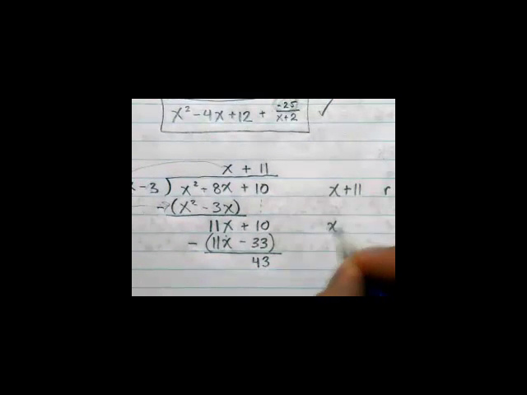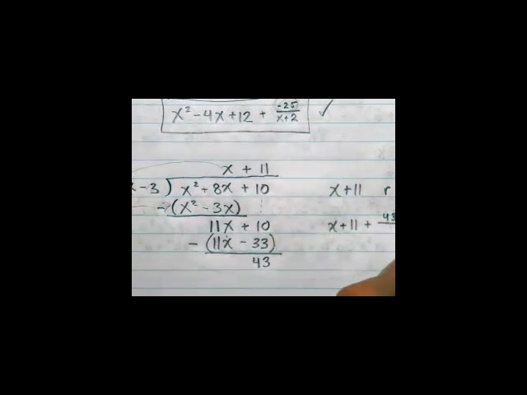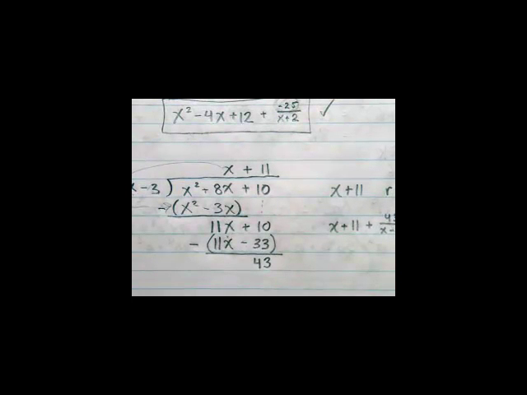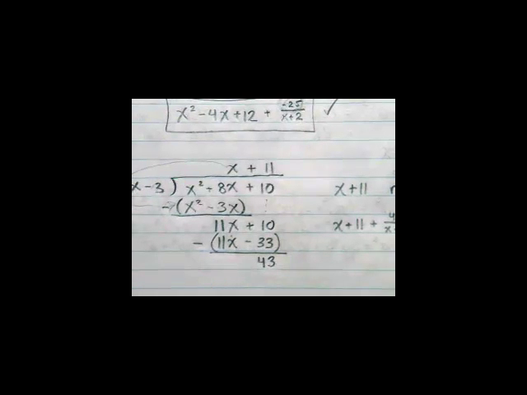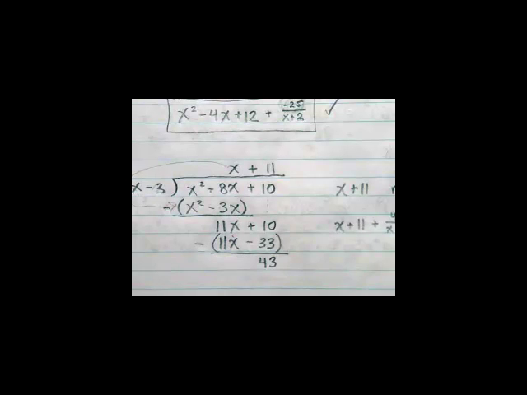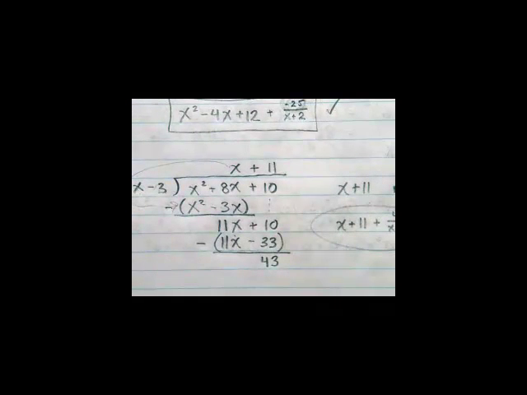Or you can do x plus 11 plus 43 over x minus 3. The book's going to write it like that.